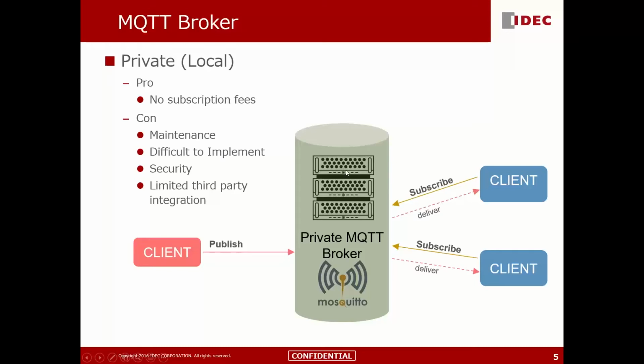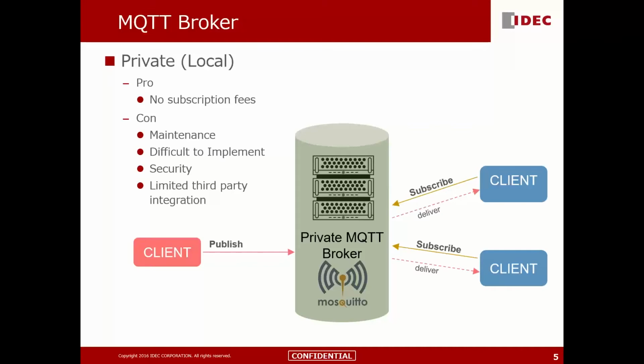The pro for doing your own is that there is no subscription fee, so you're not paying anything for accessing it. But the con is basically there's a maintenance issue. It's difficult to implement. At least it's more difficult than if you go with the cloud platform. There's security involved.